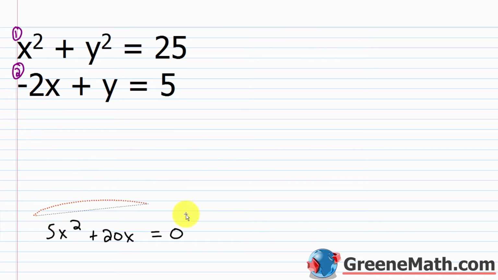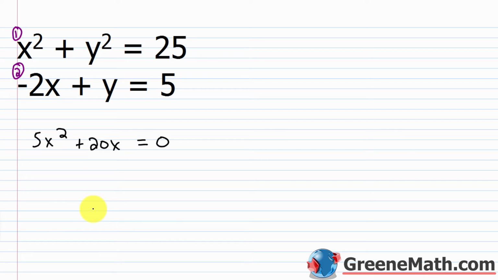Now, how can I solve this for x? Well, we have a few different things we can do. We could use our quadratic formula, but kind of the quickest way to do this here is to factor it. I could factor out a 5x, and I could write this as x plus 4 inside the parentheses. I could say this is equal to 0. So now I can use my zero factor property, or you could say the zero product property, and I could set each factor equal to 0.